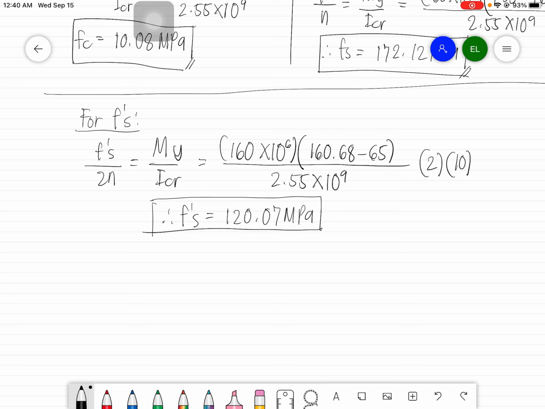Next we will be discussing chapter 3, which is the ultimate strength design for beams. We will be discussing there the design codes for 2001 and 2010 in designing beams using ultimate strength design.